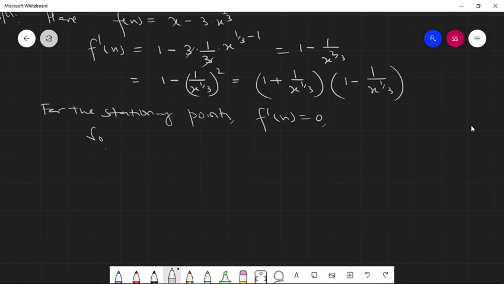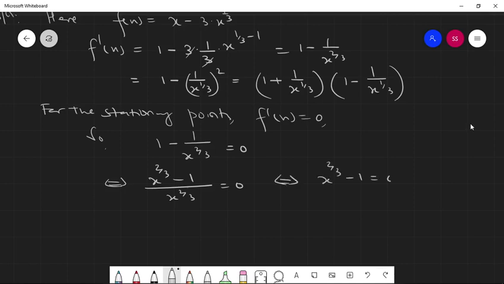So 1 minus 1 over x to the power 2 by 3 equal to 0, and x to the power 2 by 3 minus 1 over x to the power 2 by 3 equal to 0, and it goes to multiply, and then x to the power 2 by 3 minus 1 equal to 0.